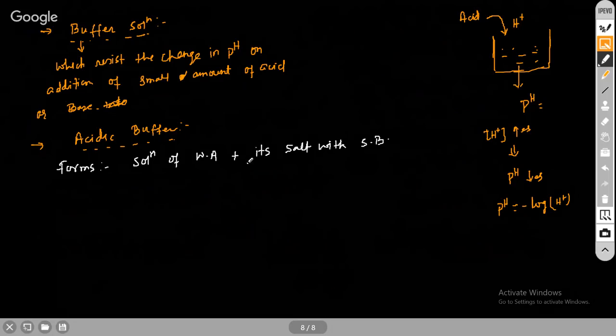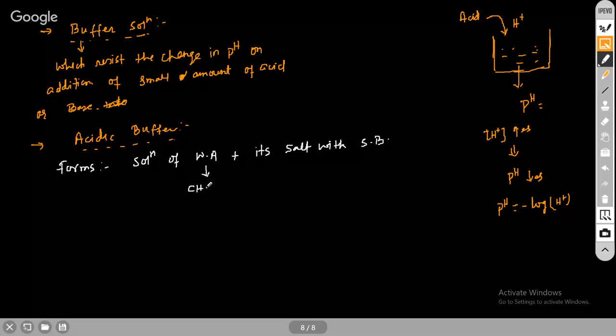The example of a weak acid is, suppose, CH3COOH, and its salt with a strong base means what? When this CH3COOH combines with NaOH, that gives you CH3COONa. This is the salt of a weak acid and a strong base, plus H2O we get here.